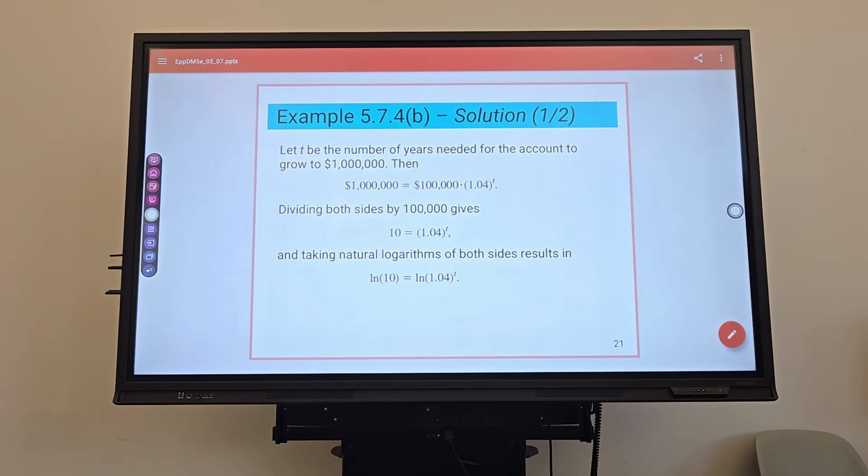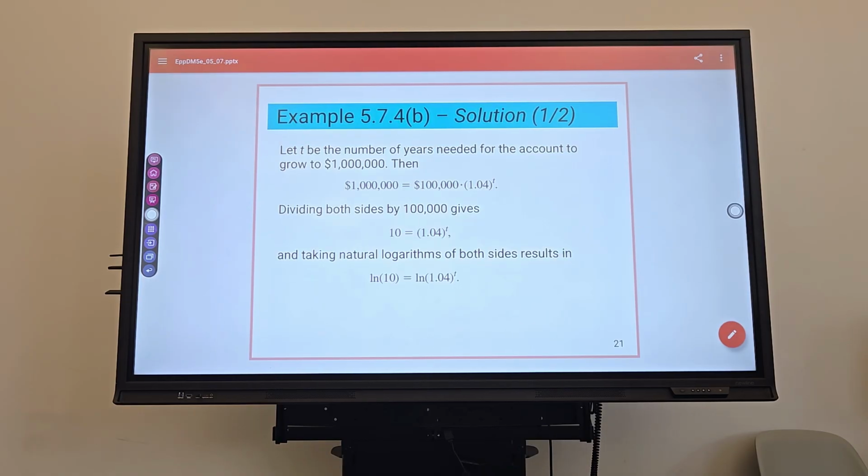So, how many years does it take to get to $1 million?